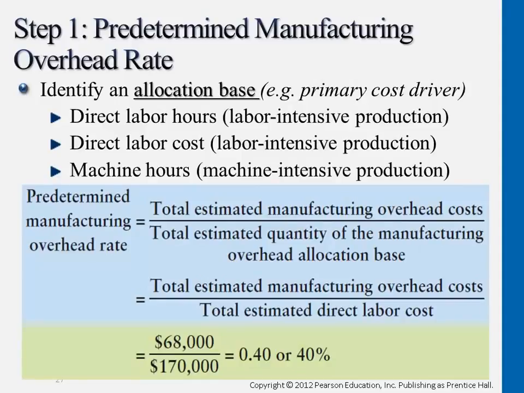So how we understand this number is, per dollar of direct labor cost incurred, there will be 40 cents of indirect cost assigned to that job. And remember, this is just an estimation, a rate. We predetermine it in the beginning of the period and use it as a base to multiply by the actual hours used for each job. Then we get the indirect cost we assign to that job.